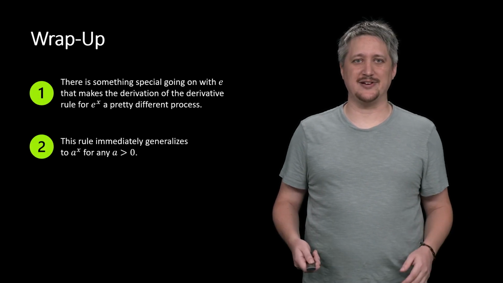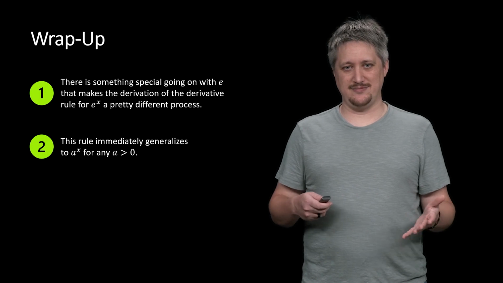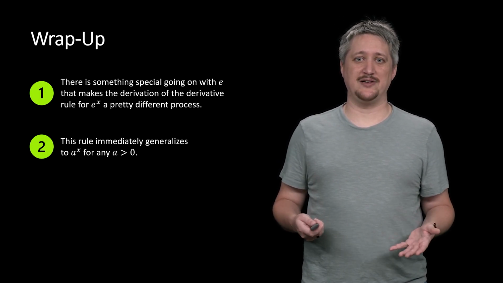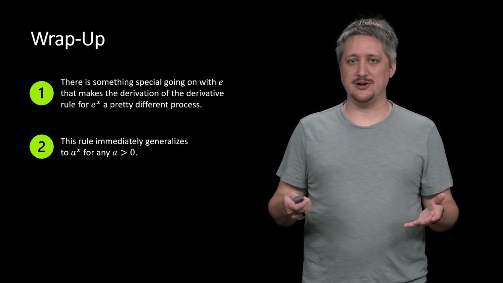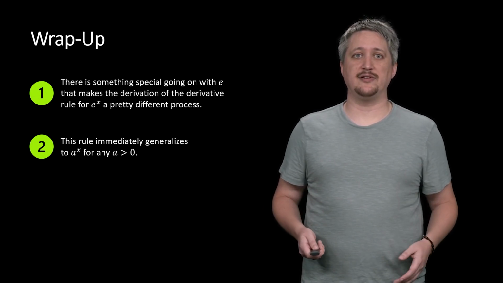We saw that something didn't happen in some sense, which was surprising. But nonetheless, taking that process, we could immediately generalize it to any positive base, right? We did it initially for e, this irrational, crazy number, but it immediately worked for all bases that were positive.